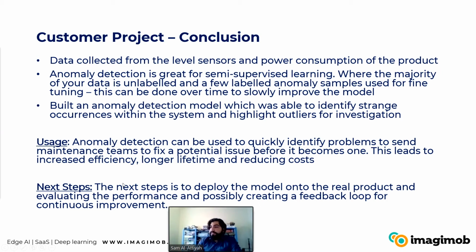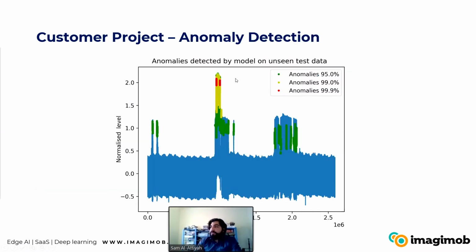And for the next steps for this model, you could deploy it onto a real product and evaluate the performance. You can also create a feedback loop where you identify the anomalies and then go back to verify if those are indeed correct or not and continuously improve the model further and further.